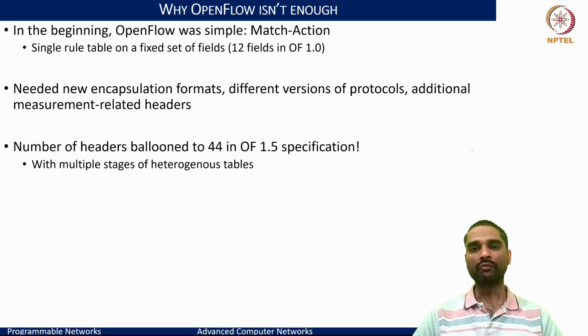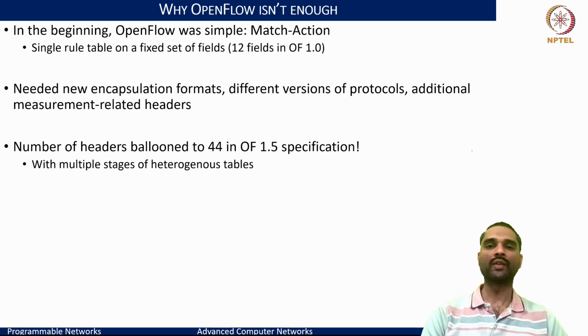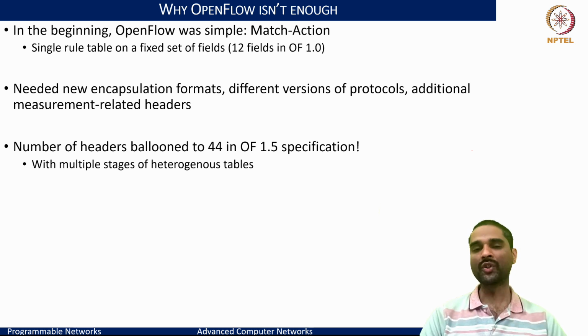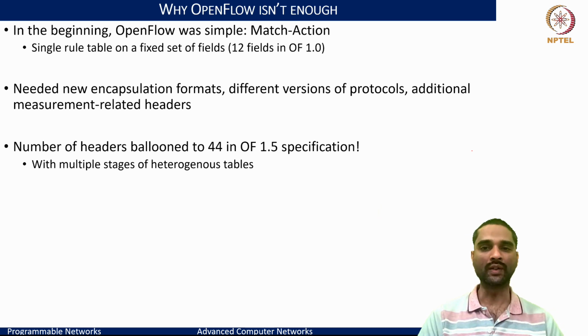And again, if we reflect back and see why OpenFlow was not sufficient in these aspects, we can see that OpenFlow started with just the simple match action, where only a predefined set of fields supported by the ASIC could be programmed.